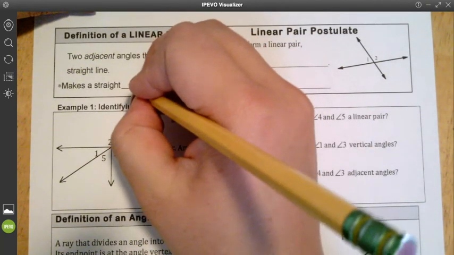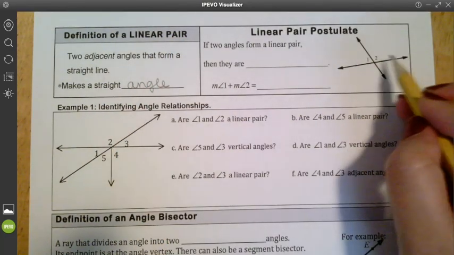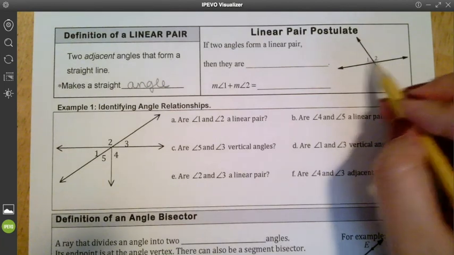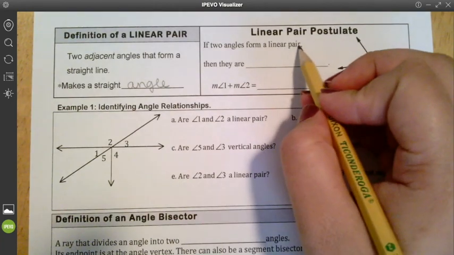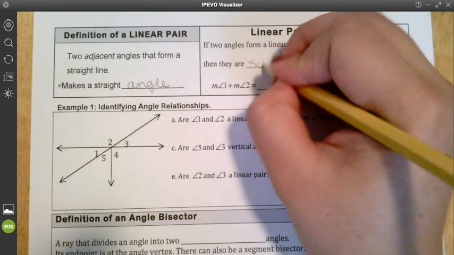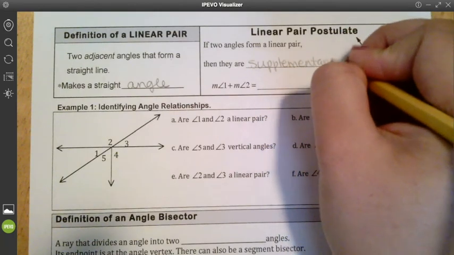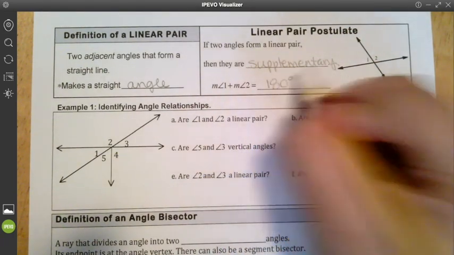So together they make a straight angle. In this picture, 1 and 2 are a linear pair because together they make a straight line. So if two angles form a linear pair, then they have to be supplementary, which means that when we add them up, they equal 180 degrees.